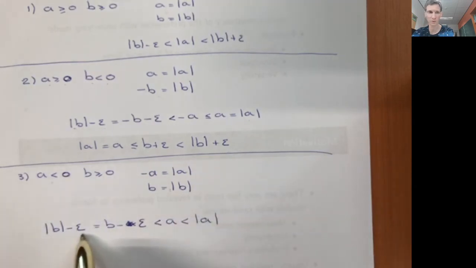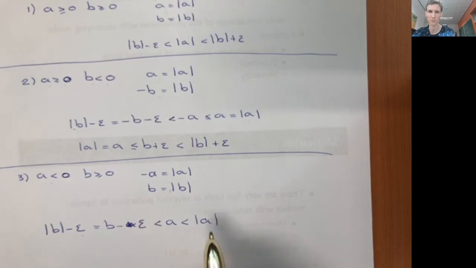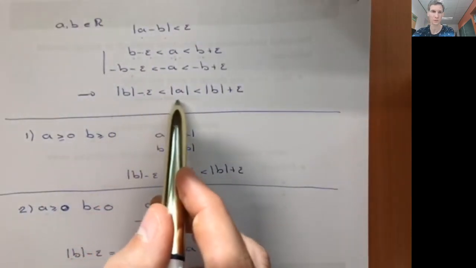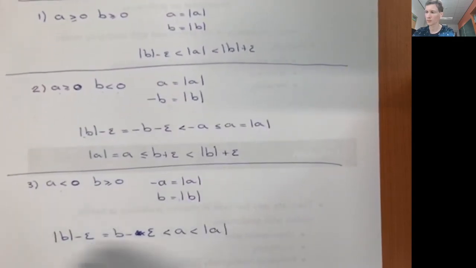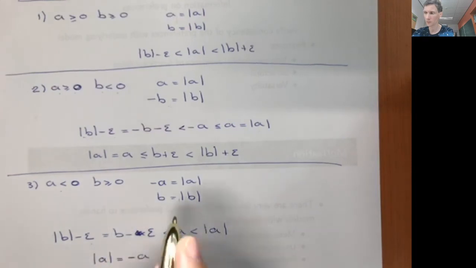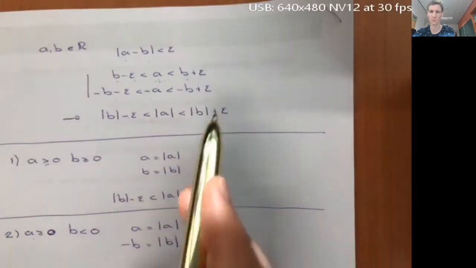So we know that the absolute value of b minus epsilon is smaller than the absolute value of a, which is this first part that we have here. And now for the second part, we have that the absolute value of a is equal to minus a, which is set here. You know that minus a is smaller than minus b plus epsilon.